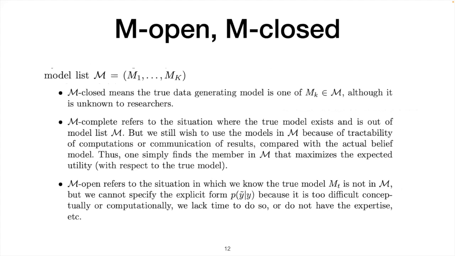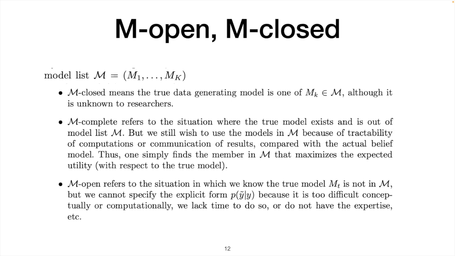So now I can talk about the technical detail of how to do model selection and model assessment. But before that, it's important to distinguish a few conceptual differences in Bayesian modeling, typically called M views.